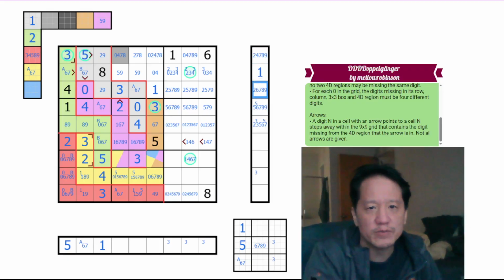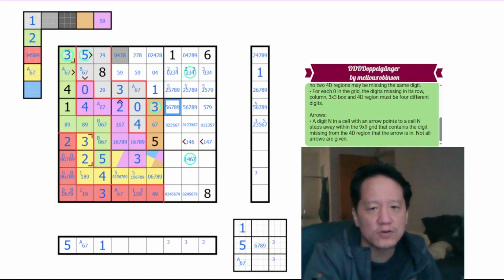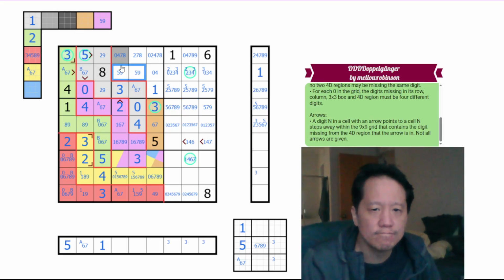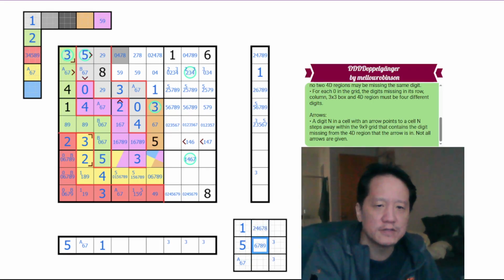No 5. We can't be missing a 5. So since we can't be missing a 5, one of these 3 is a 5 here. In box 2, we are not missing 1, 3, 5, or 9. So it's 2, 4, 6, 7, 8.